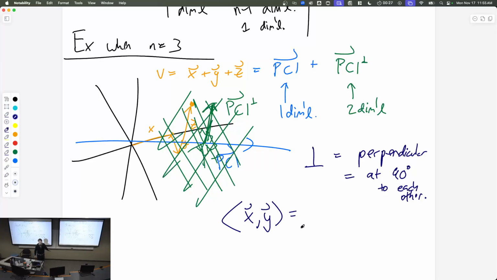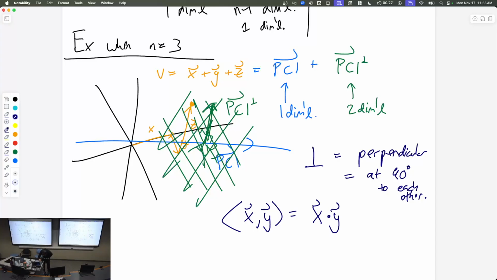Who's seen an inner product before, or a dot product? Some people write this as x dot y. Okay, lots of people have seen dot product. If you've seen a dot product, you probably have seen perpendicular, even if you don't remember the notation.